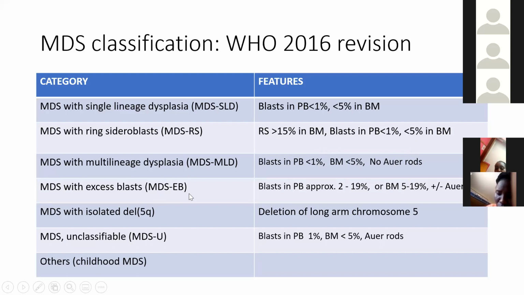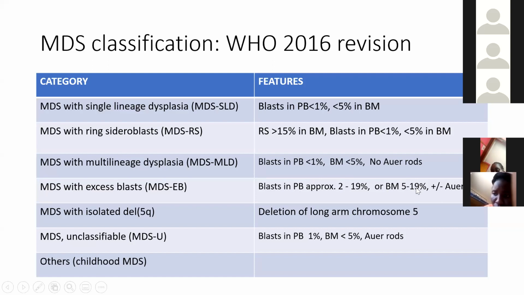Then we have the next group where there now is MDS with excess blasts. Now I have lumped several subgroups of this together, but just to let you know that when they have excess blasts in the bone marrow, you're seeing 5 to 19% of blasts. Now that is way above normal.